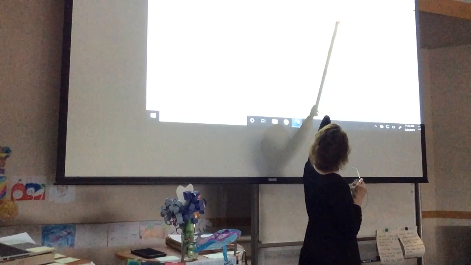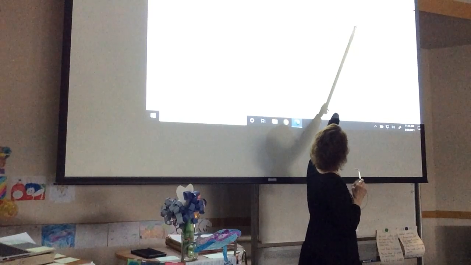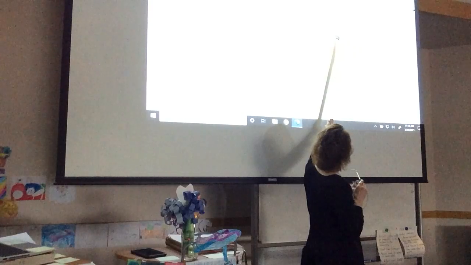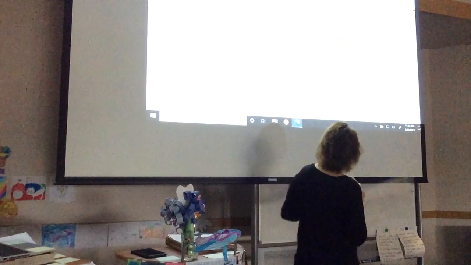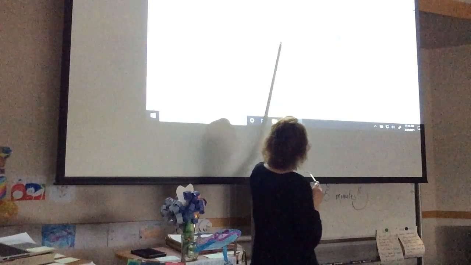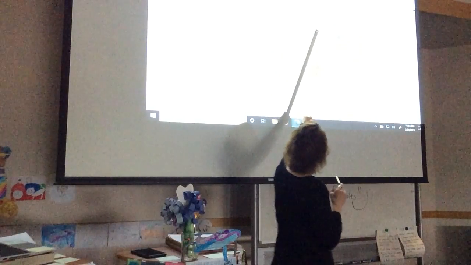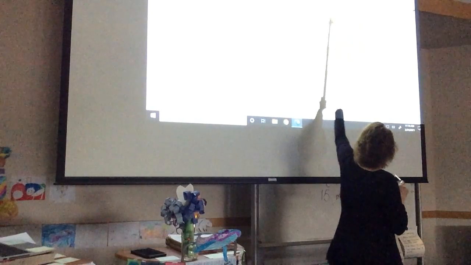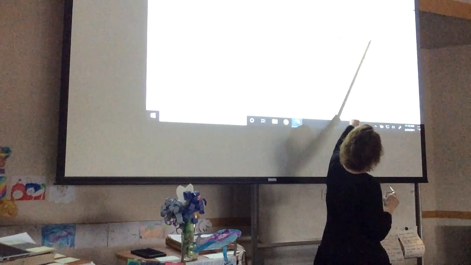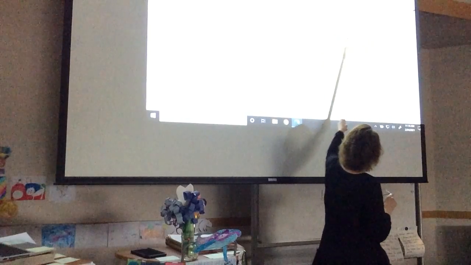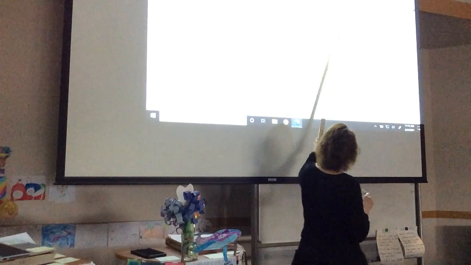Count with me. 1, 2, 3, 4, 5, 6, 7, 8, 9, 10, 11, 12. So, the answer is 4. So we have 3 equal groups of 4s in here. You see that? 1 group of 4, 2 groups of 4, 3 groups of 4.